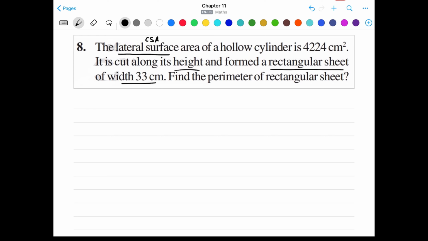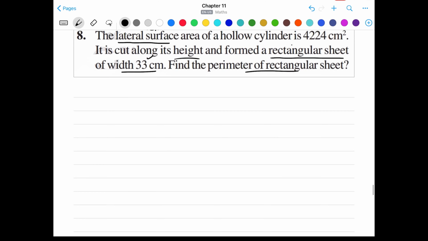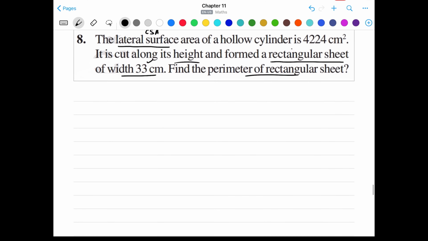We know whenever we cut a cylinder, its lateral surface will change to a rectangular shape, whose width is given as 33 centimeter. We have to find the perimeter. So first we have to calculate the length of this rectangular sheet, then with the help of that we can find its perimeter. Okay, so let's start the answer number 8.